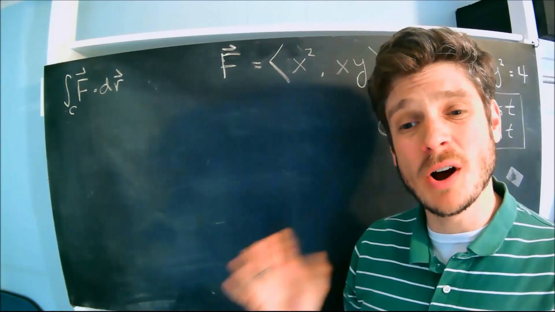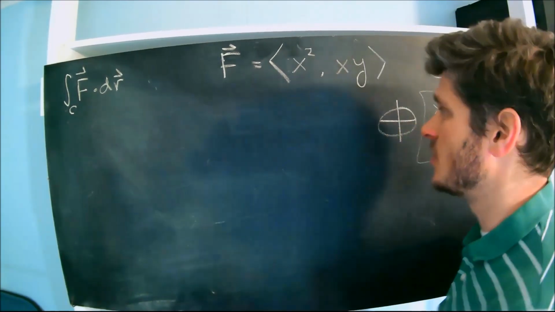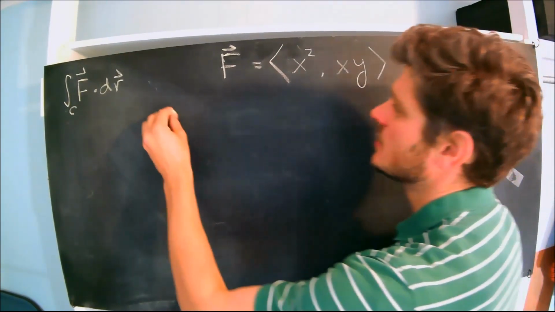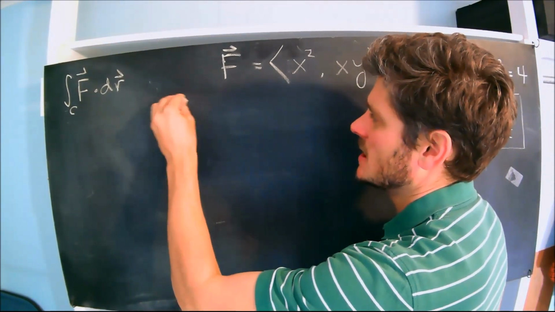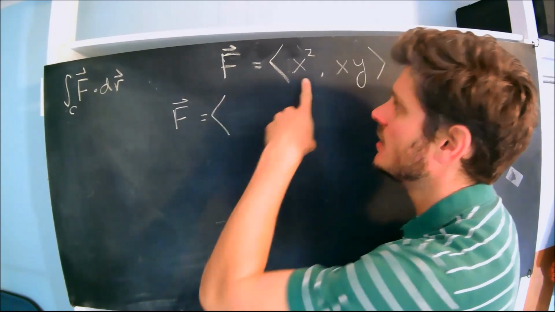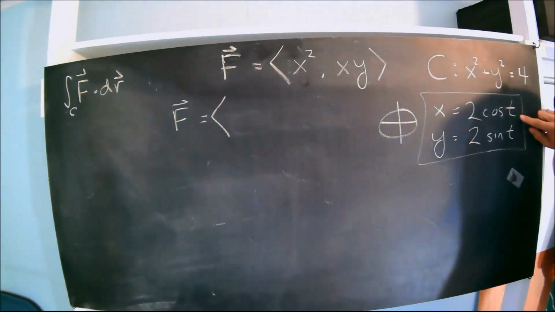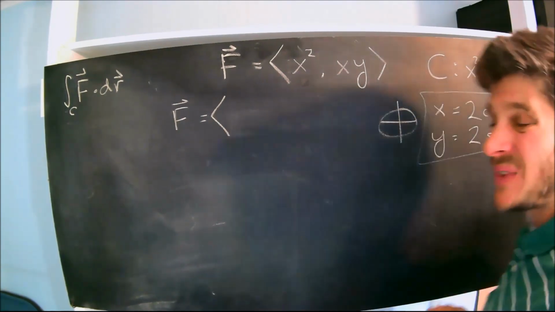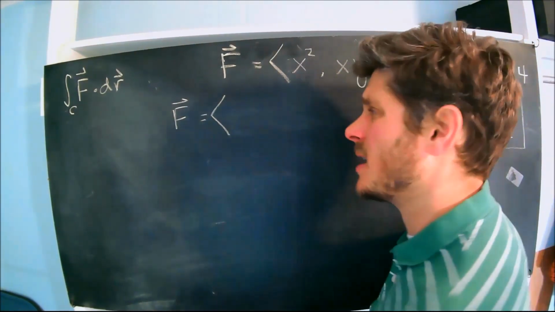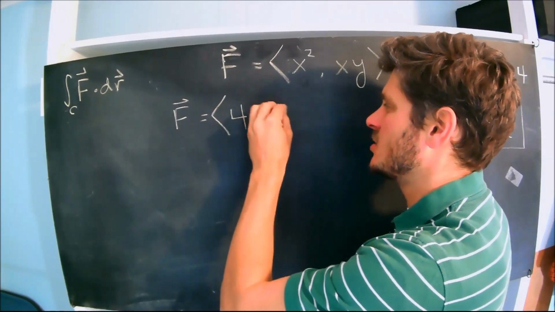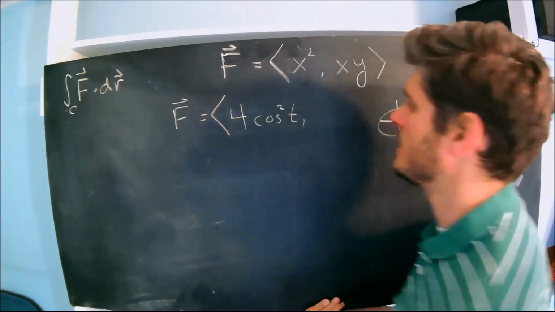All right. Now that we have my parameterization, I need to use these two things to, again, parameterize f, and then figure out what r prime is going to be also. So I might as well start with f. I have it up here. So f equals, well, x squared. Well, what did I just parameterize as x? 2 cosine t. So I actually want 2 cosine t squared, which is really 4 cosine squared t.